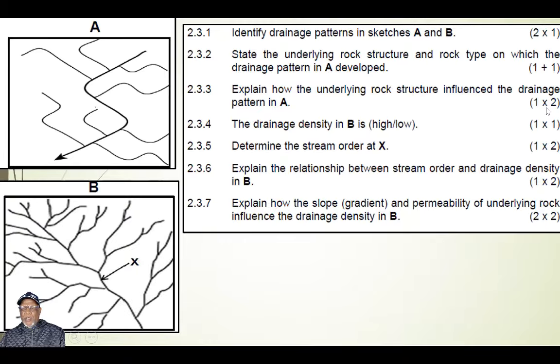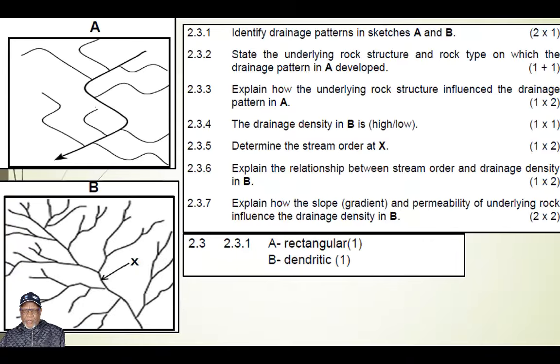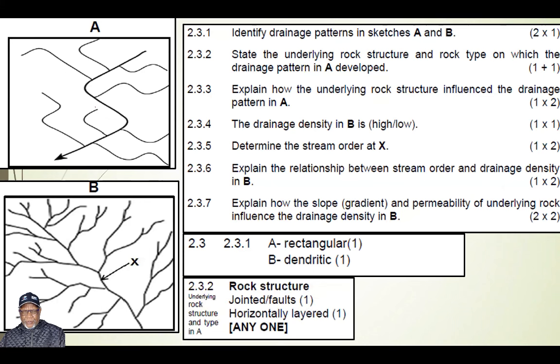Identify the drainage pattern in sketch A and B. So sketch A, we said the drainage pattern there is rectangular pattern, and sketch B is dendritic. And then state the underlying rock structure and rock type in drainage pattern A. We said the rock structure is jointed, faults, or horizontal layered.